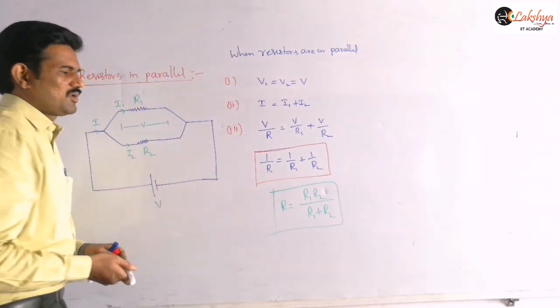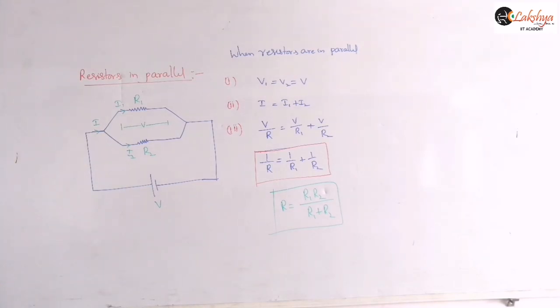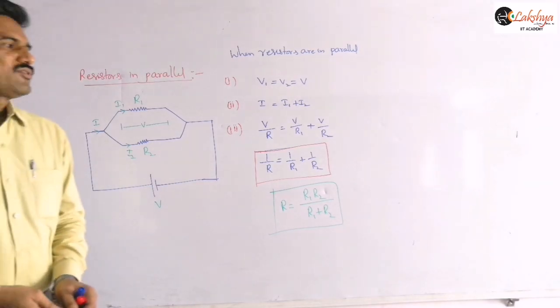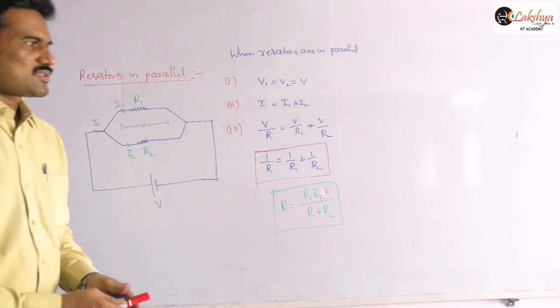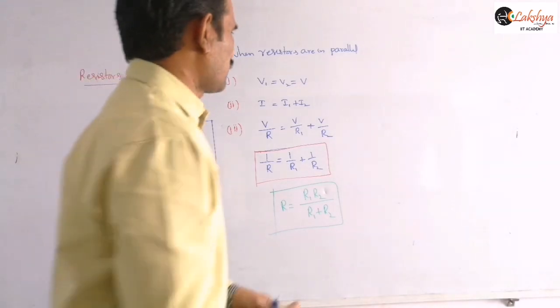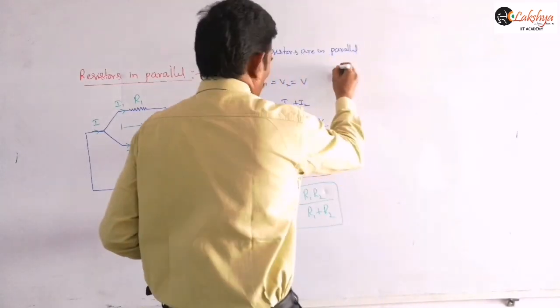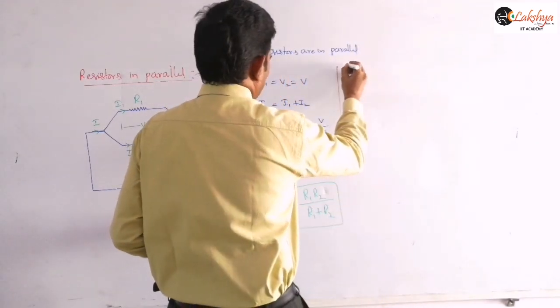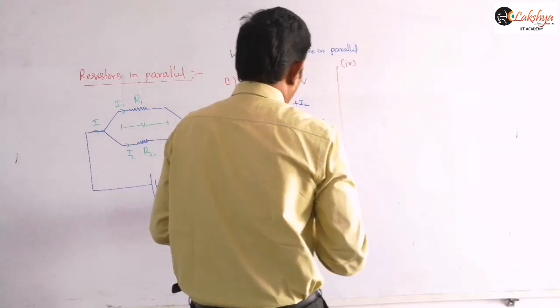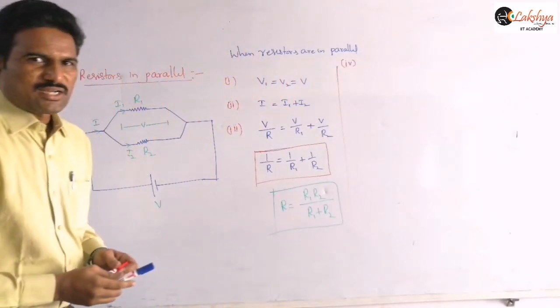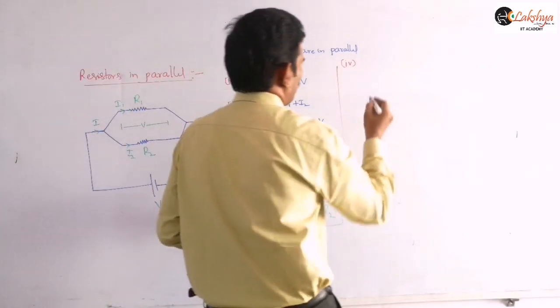So this is the general formula, and from that R value we can express like this, right? And now this formula can be extended for any number of resistors. Suppose I am taking the next point as, if n identical resistors are connected in parallel, or let us write for the different resistors.